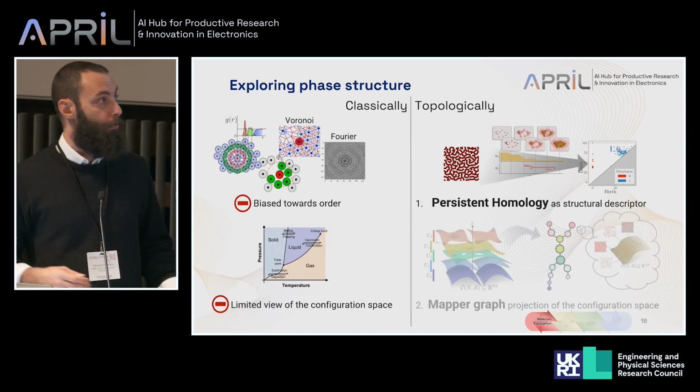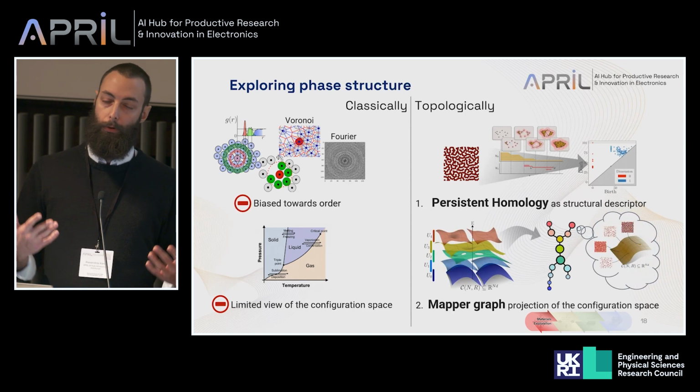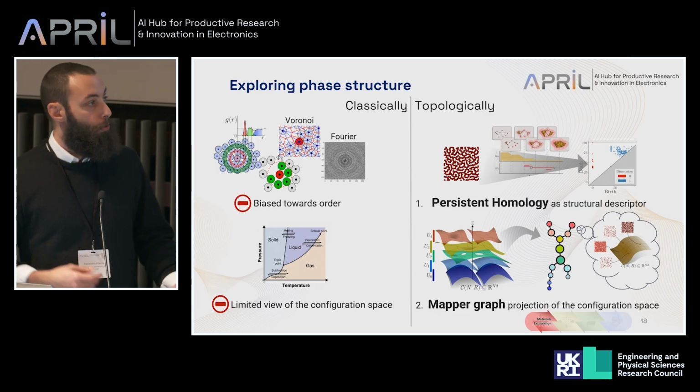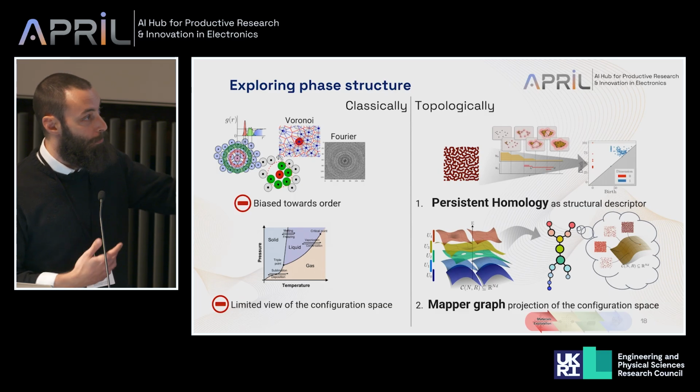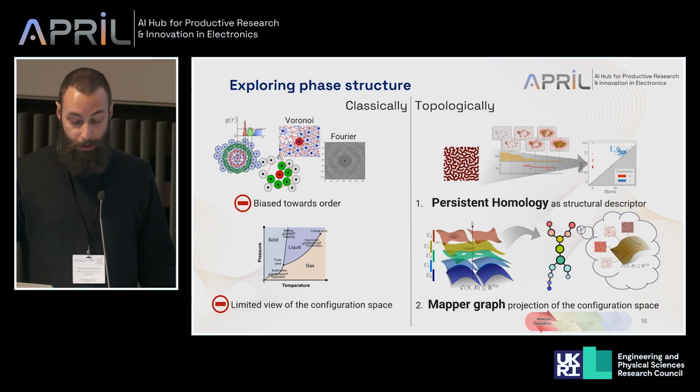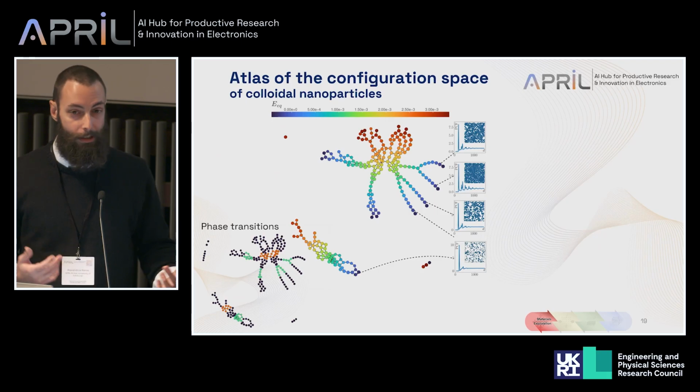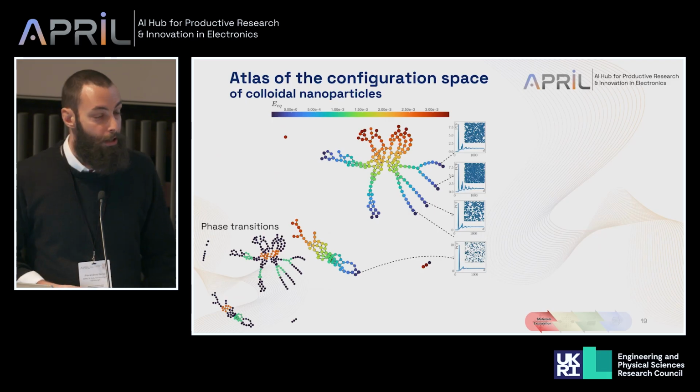Furthermore, I use a tool called Mapper, which is again borrowed from topological data analysis, to summarize this very high-dimensional configuration space into a simple graph. But the cool thing about this graph is that it can summarize the dynamics of the system as well.